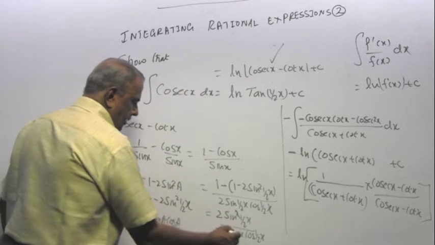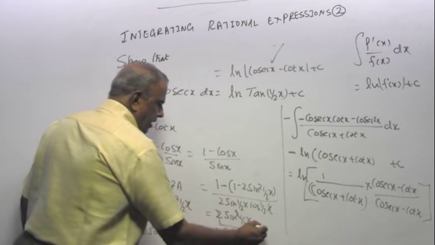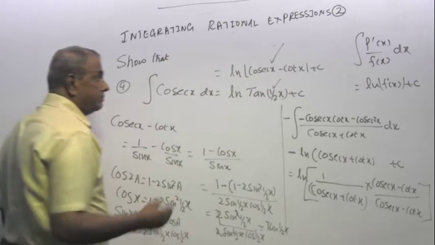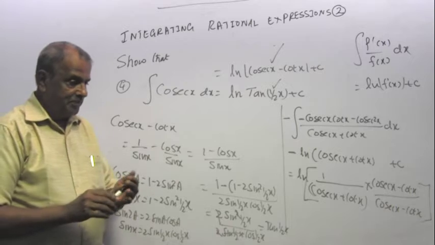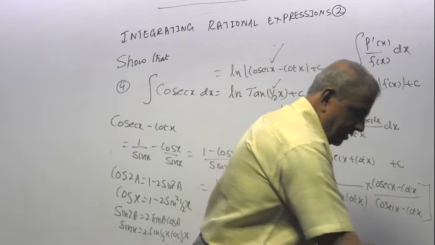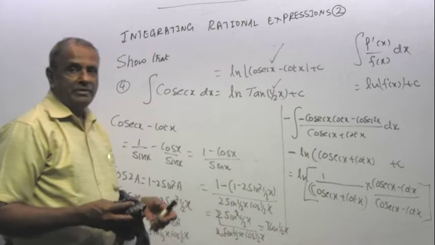A sine squared goes with a sine and the 2 goes, I get tan half x. Right? That is how you show the standard formula.